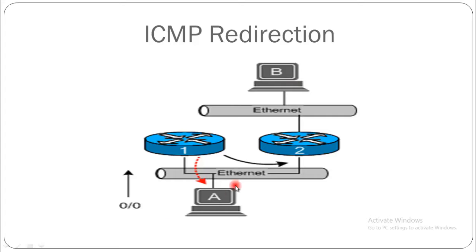If A has sent some packets to router 1, it should not redirect the same packet to router 2, else router 2 will not be able to send it to host B, because router 1 has already denied that. So whenever it receives a redirect from router 1, A should deny or destroy the data and resend a new packet with the same data to router 2. Else again it won't be able to reconnect after that.